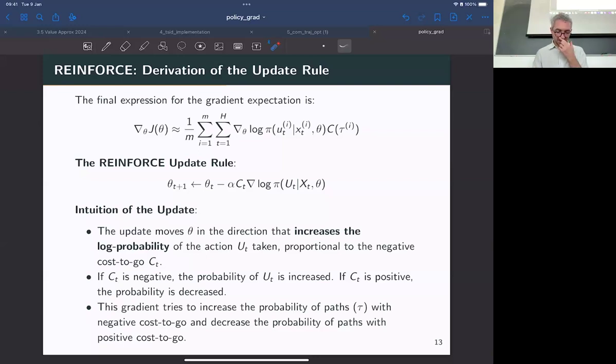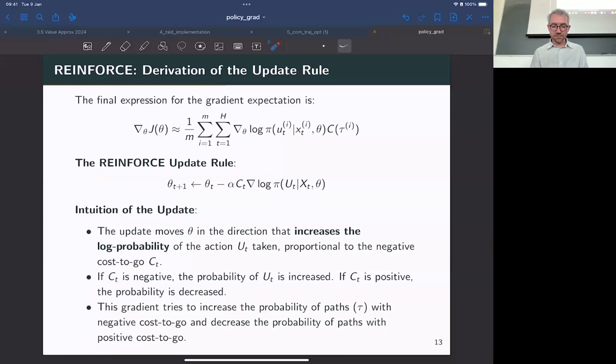And here instead, it seems that the sign is what matters in making increase or decrease the probability. And I mean, this is how you find this gradient explained in the literature. But what's going on is a bit more complex.